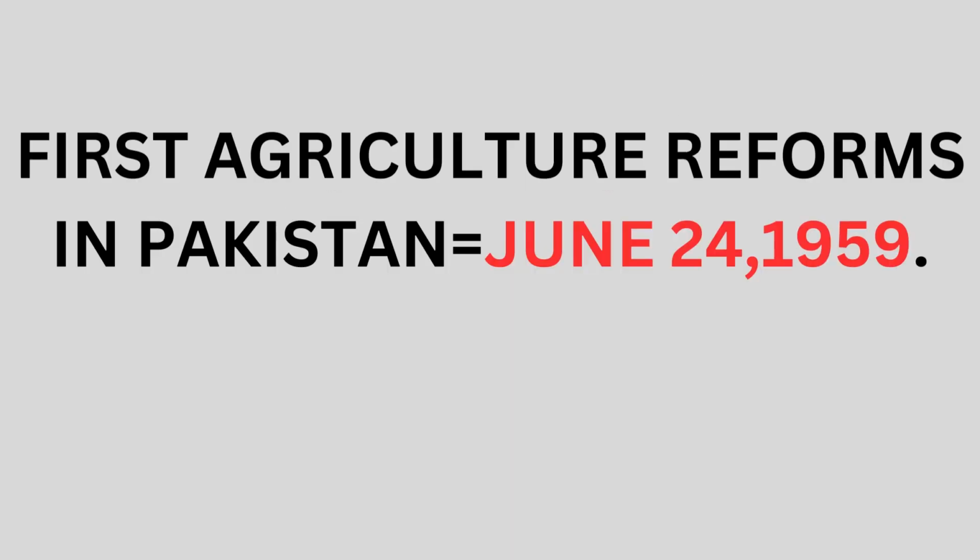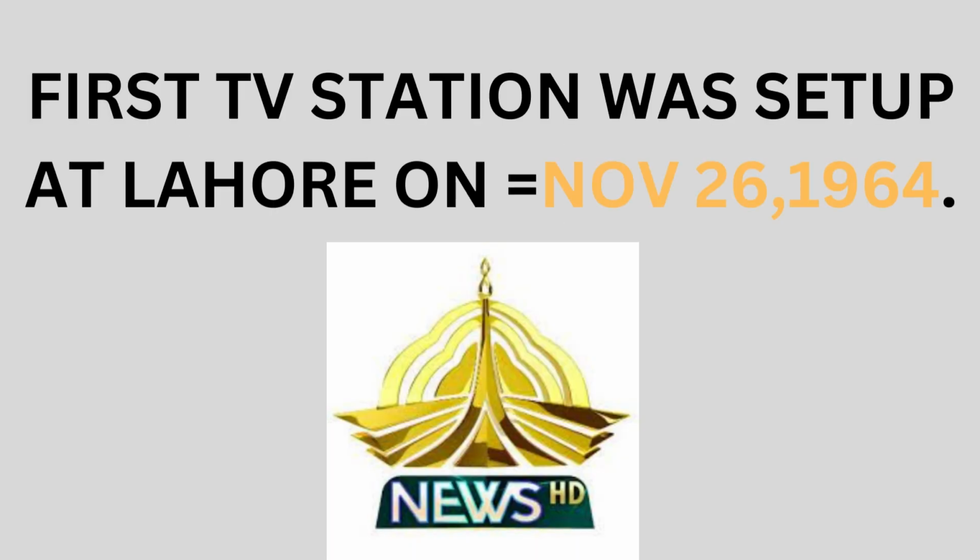And the first agriculture reform in Pakistan was on 24 June 1959, and the first TV station was set up at Lahore on 26 November 1964, and PTV also started color transmission in 1964.